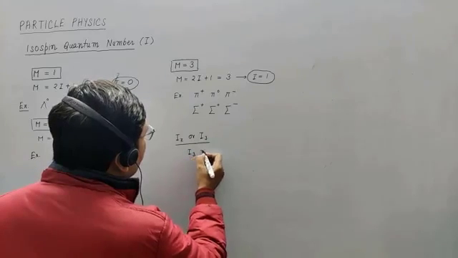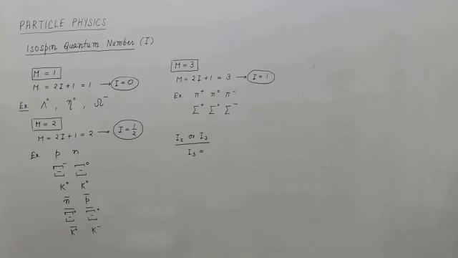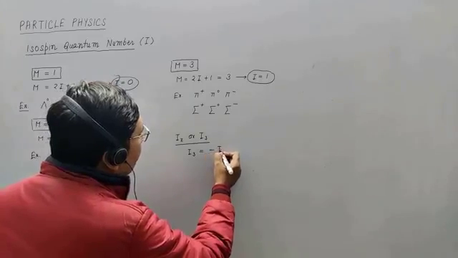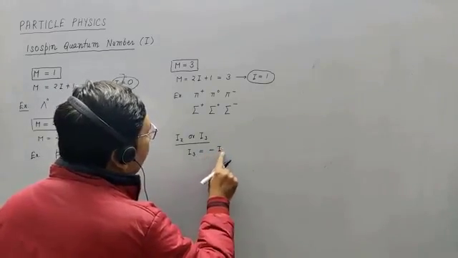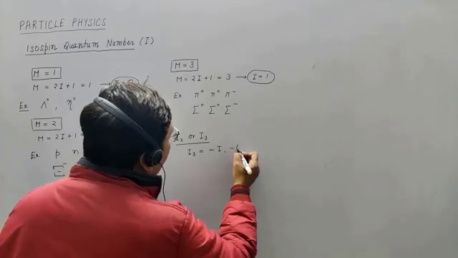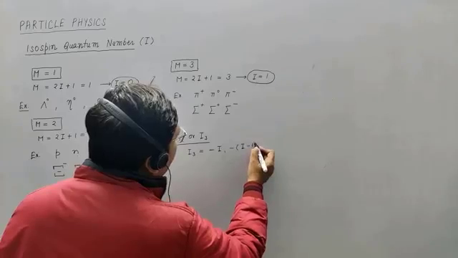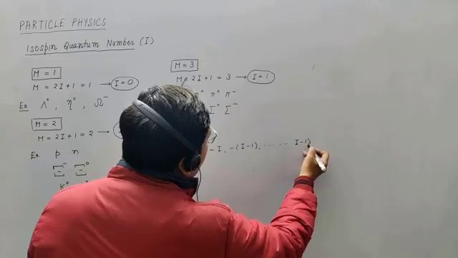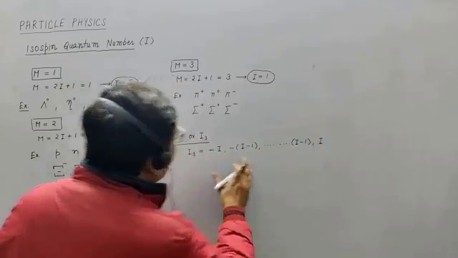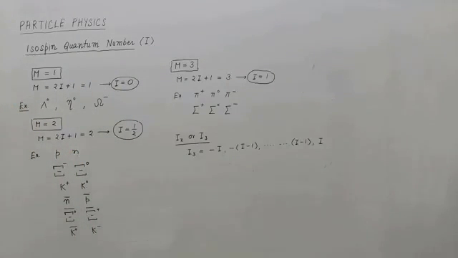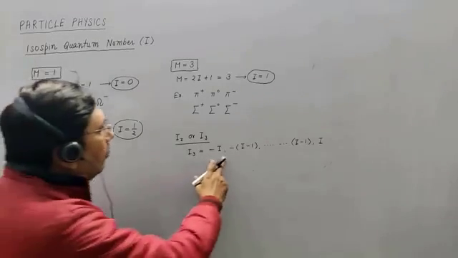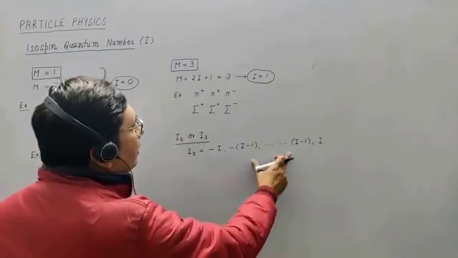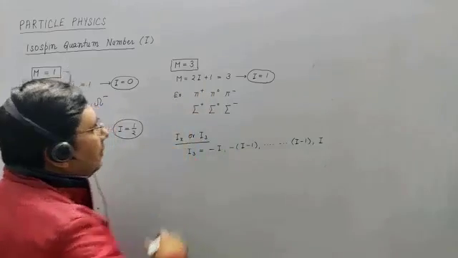Values of I3 will go from minus I, to minus I plus 1, and so on up to I minus 1, and then I. So its value is going to vary from minus I to plus I. So how many I3 values will be there?